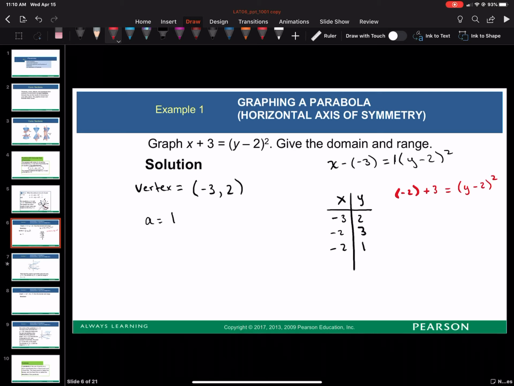So therefore, this is going to be 1. Then we have 1 is equal to y minus 2, and all this is squared.